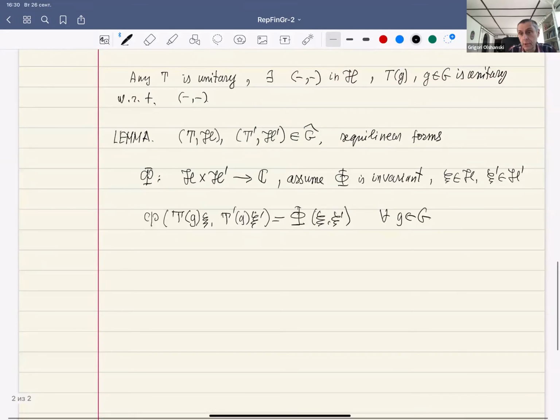So in this case, we say that this form is invariant.